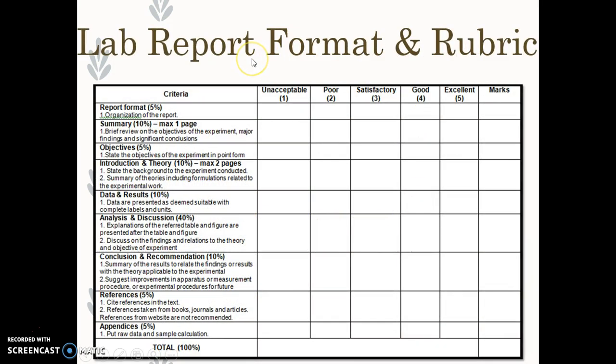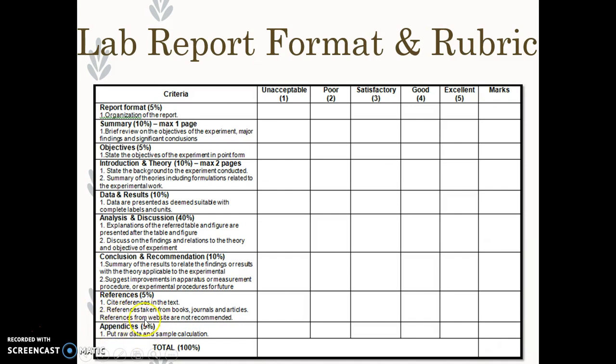This is the lab report format and rubric, which means that you have to fulfill all of these criteria in order for you to get high marks for each subtopic. So in the lab report, you have to sort all of this format accordingly, which is you have to put the summary first, and then objective, intro and theory, data, result, analysis and discussion, conclusion, references, and appendix.